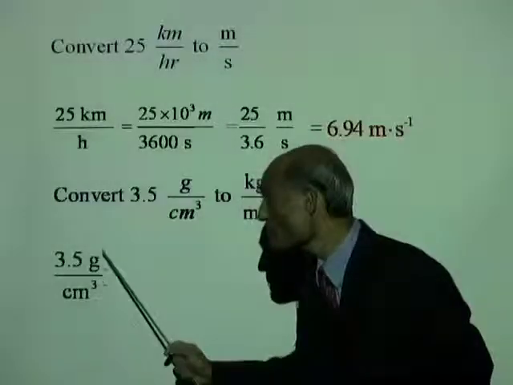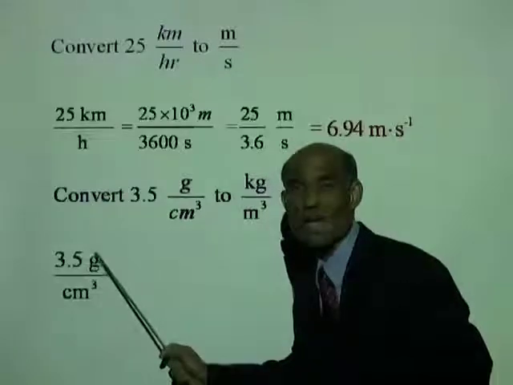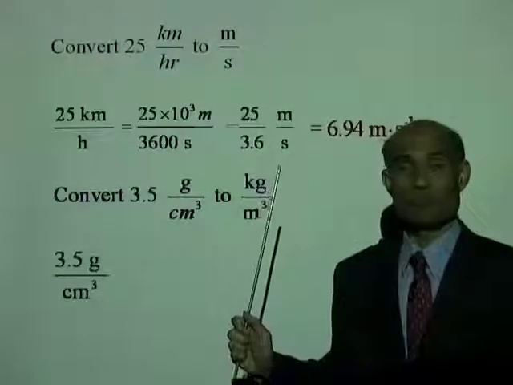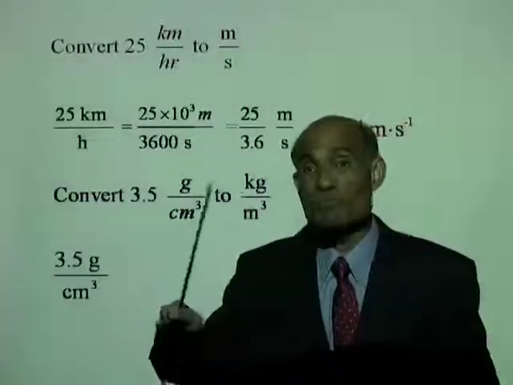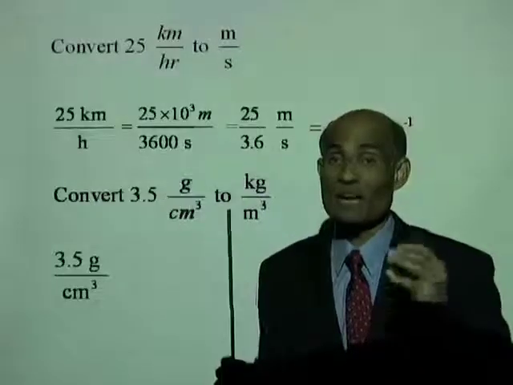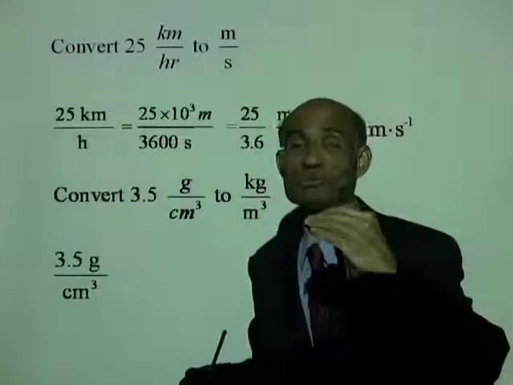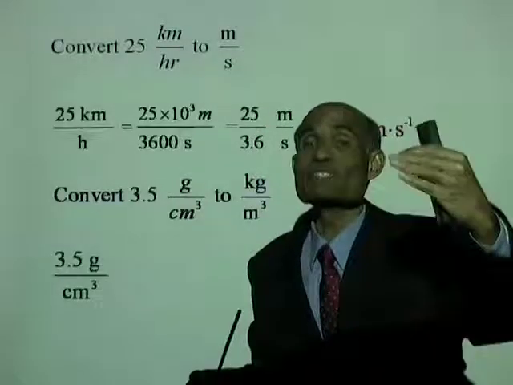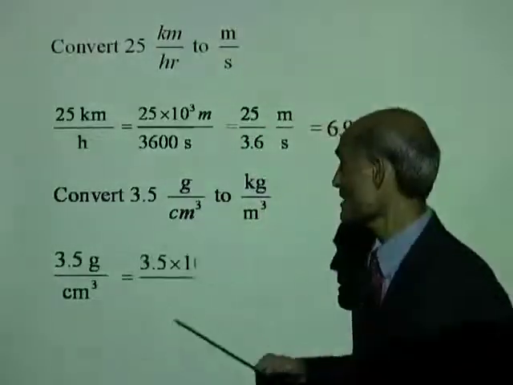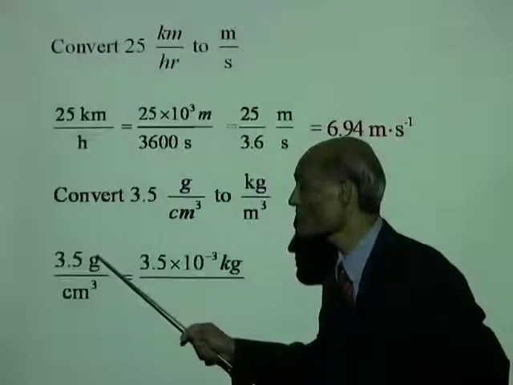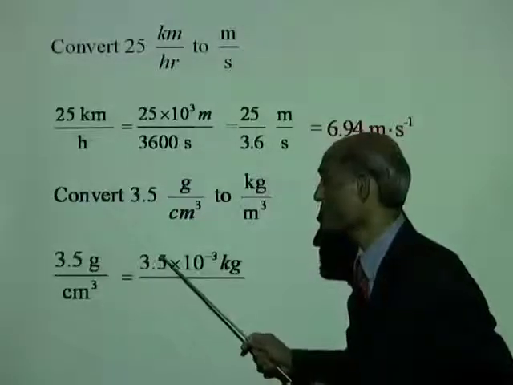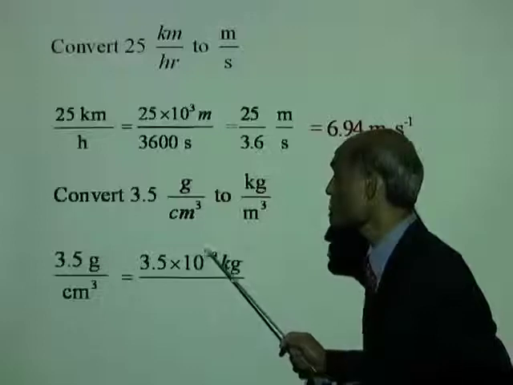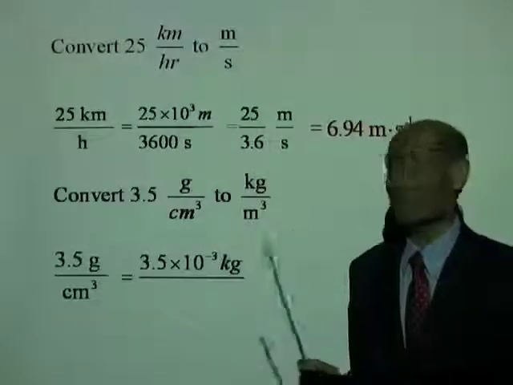And in the next step, you got to convert the gram to kilogram. Now, how do you convert gram to kilogram? A gram is 1,000th of a kilogram, 10 to the power of negative 3 of a kilogram. So 3.5 gram is 3.5 times 10 to the negative 3 kilogram.